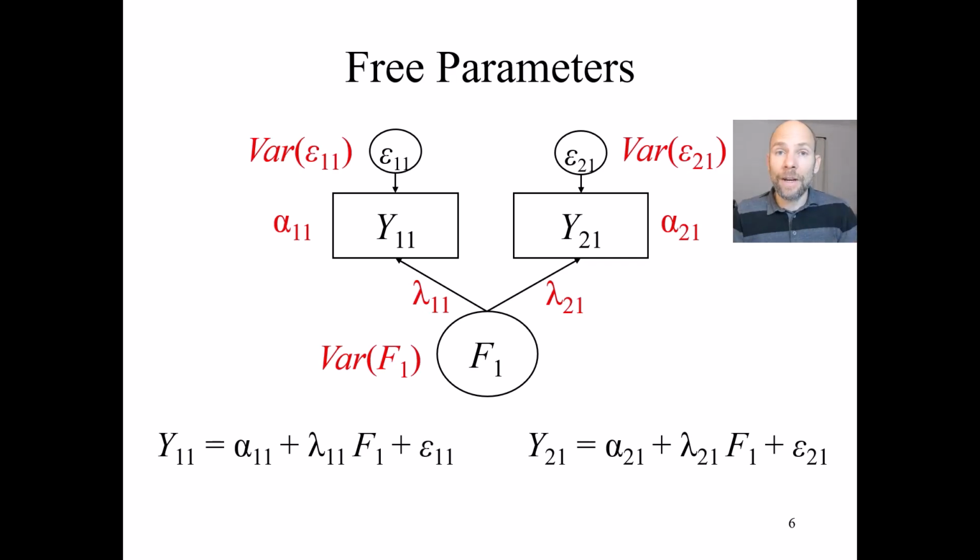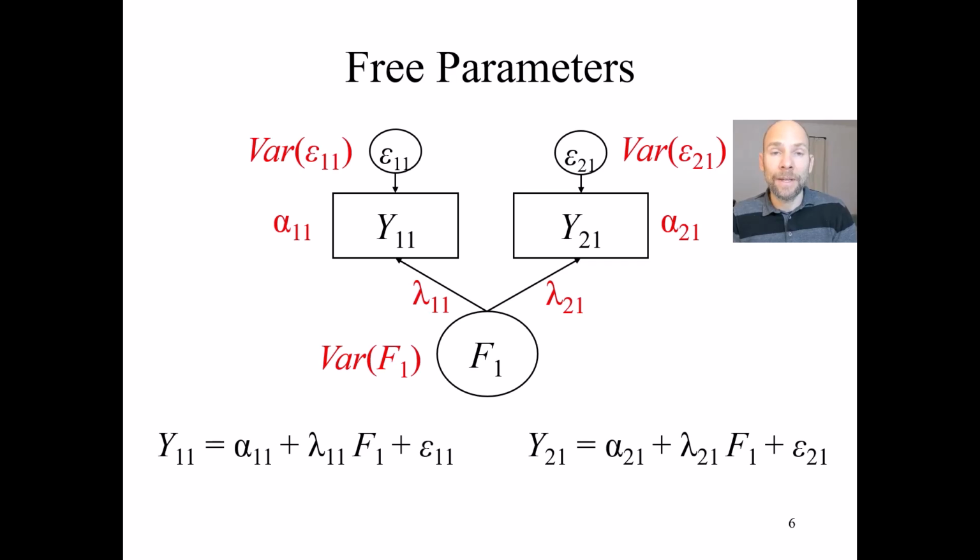And the factor variance var f1 does this job of giving us an estimate of the true score variance, whereas var epsilon 11 and var epsilon 21 give us estimates of the error variance component in each measure. And since the factor f1 is uncorrelated by definition with the epsilon 11 and epsilon 21 measurement error variables, those are independent sources of variance.